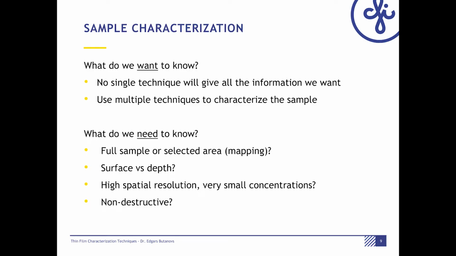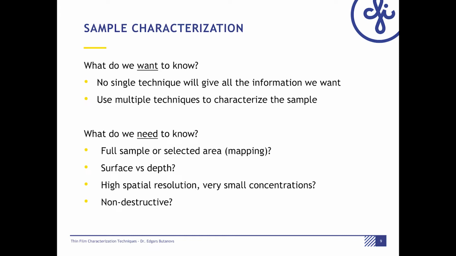So, what do we really need to know? Do we need to know the information from our whole sample, or just some selected areas? Do we want to know the information from the surface, or what the composition or structure is inside the film?